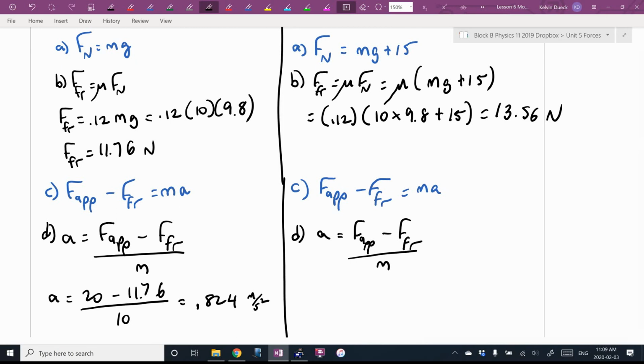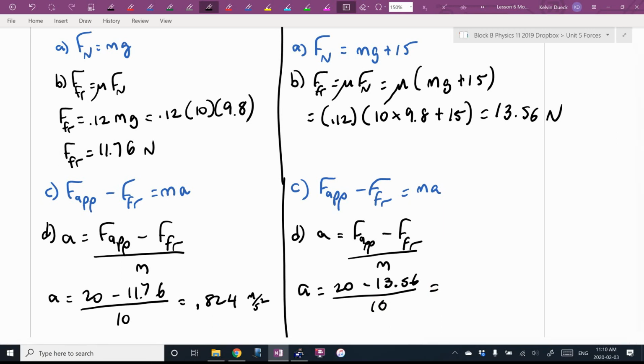Okay, I got to redeem myself. I better double check this one. Was this 13.56 correct? Okay, let's do this one in your head, Mr. Dueck. You got to at least get back on the saddle. It's going to be 20 take away 13.56 divided by 10. You know what? Let's all do this one in our heads. Put your calculators down.